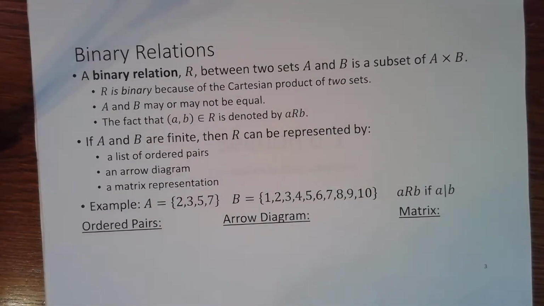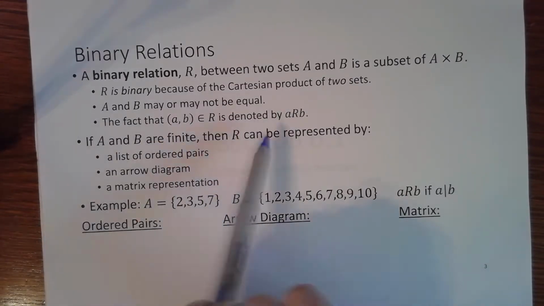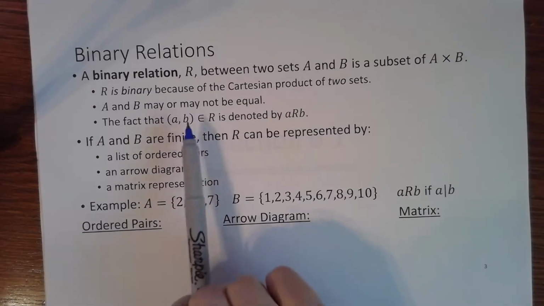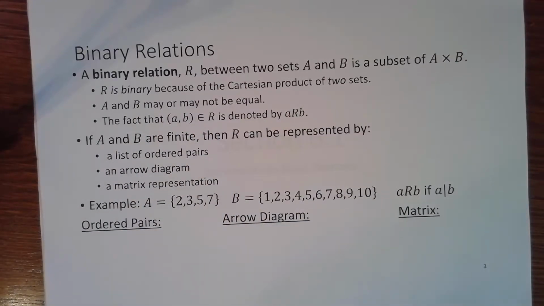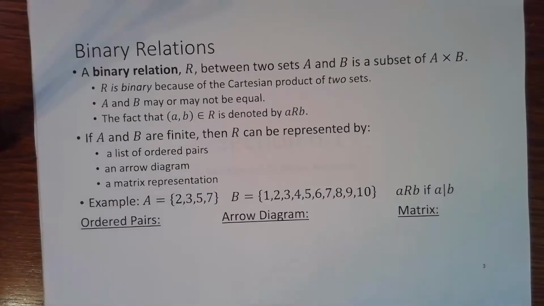None of those rules. You can have as many b's related to a as you want. It doesn't have to be onto, nothing like that. Just any kind of relation.